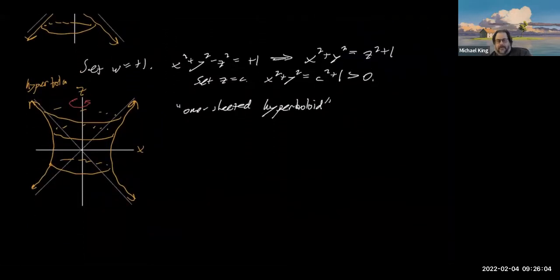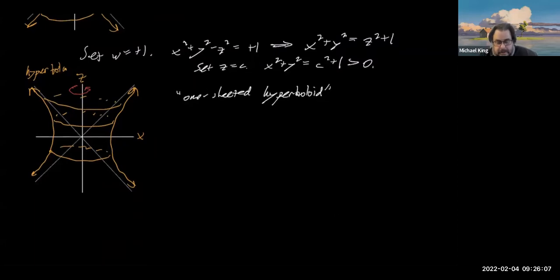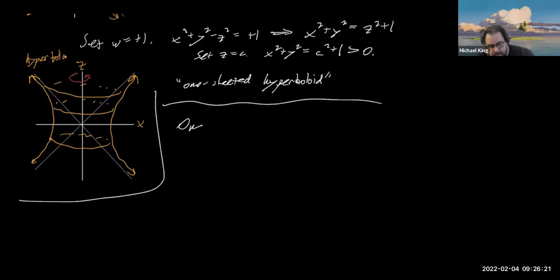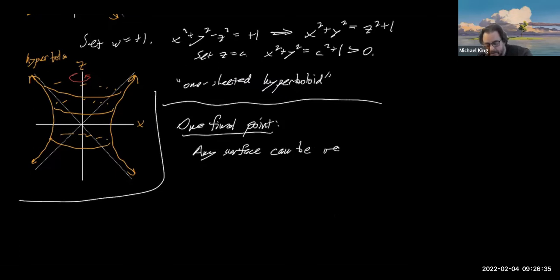Okay, one final point about these functions of three variables, before we move on to vectors: we can take a surface that we've already looked at. Any surface can be realized as a level surface of a function of three variables.